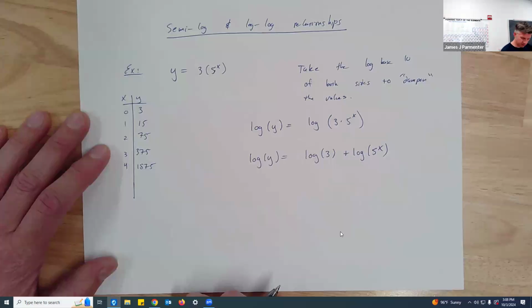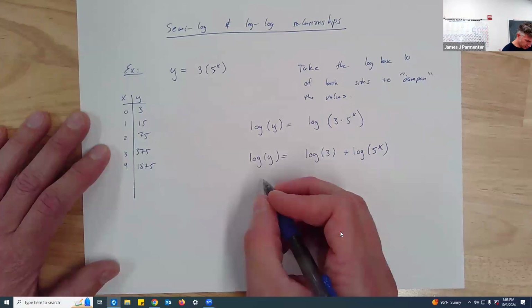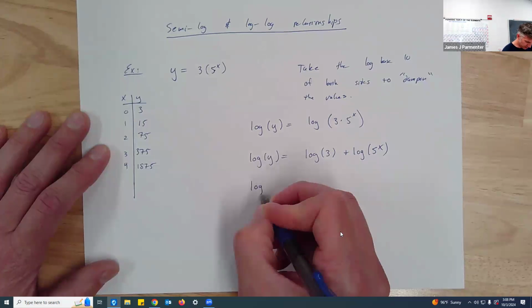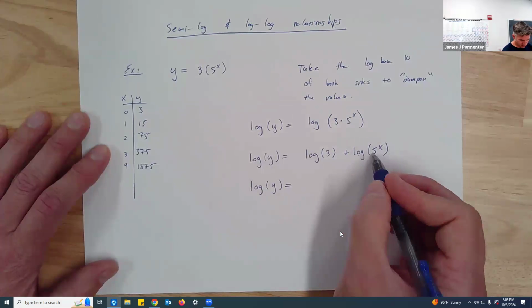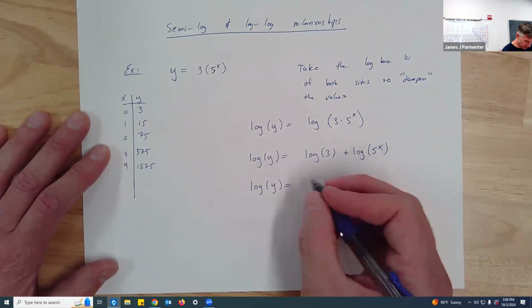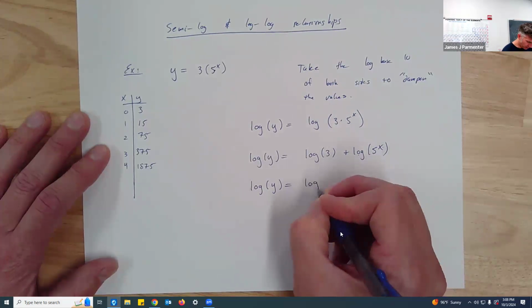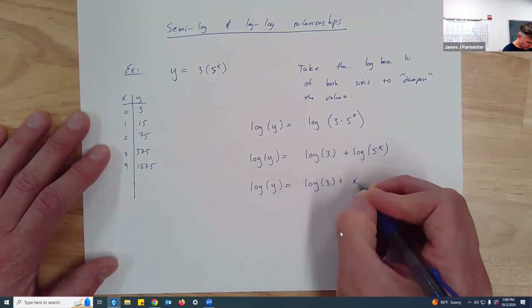I'm going to take a minute to come back to this. And then we're going to simplify one more step: for log of 5 to the x, we can bring that x down in front, and say we have log of 3 plus x times log of 5.